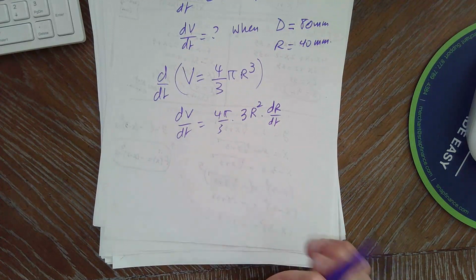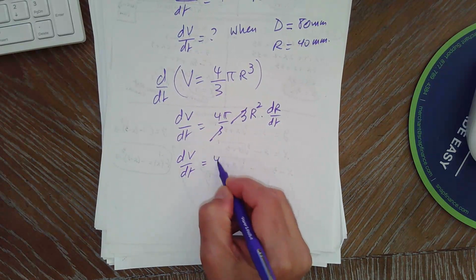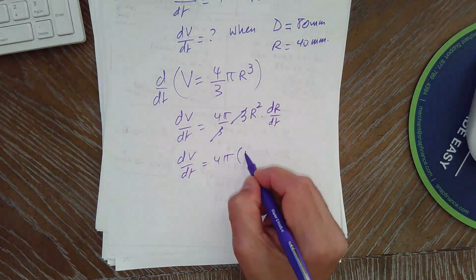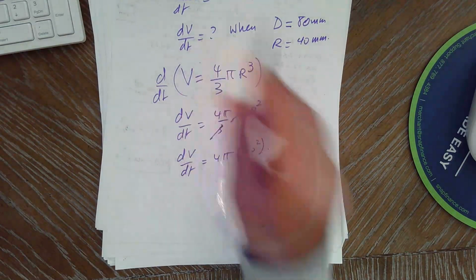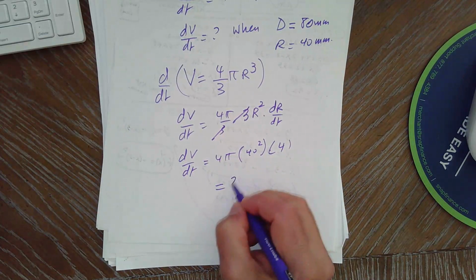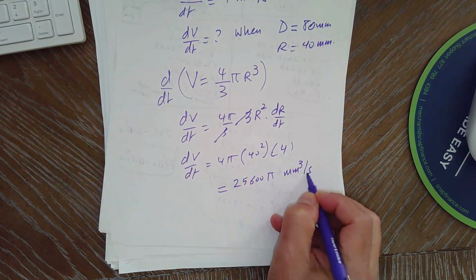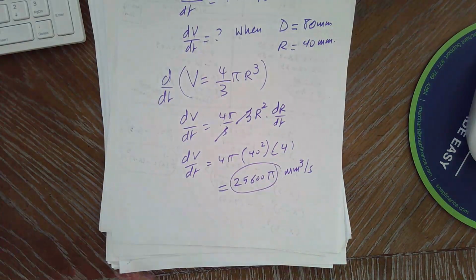We're doing implicit differentiation. So we want dV by dt equals 4 pi, right, when r is 40, so 40 squared, and dr by dt is 4. So if we do the math, we get 25,600 pi cubic millimeters per second. And you can put a decimal for that. I just left it as is.